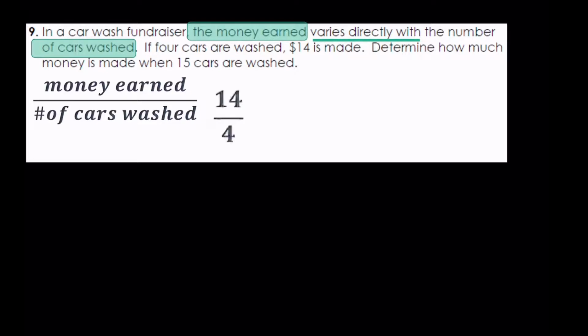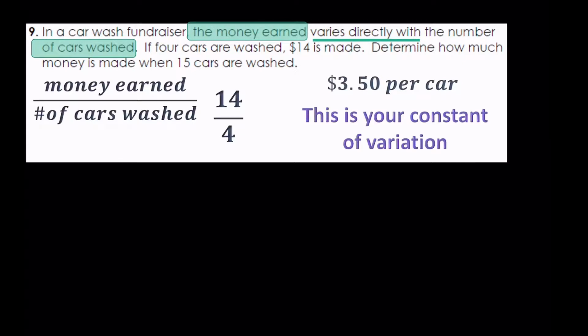That was 14 over 4, remember? If I do that math, I actually end up with $3.50 per car. And I can do that this time because I'm talking about real world. It's money. 14 divided by 4 gives me $3.50. Make sure you put that 0 after the 5. That is your constant of variation right there.